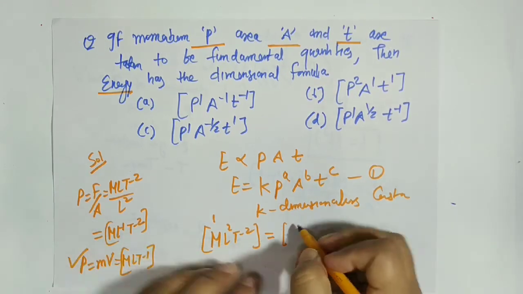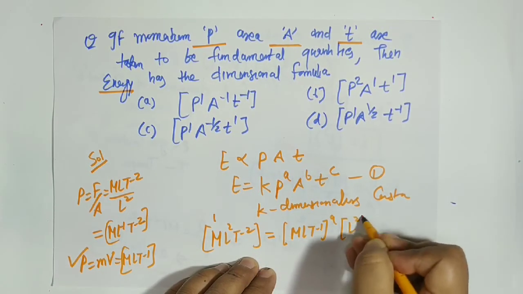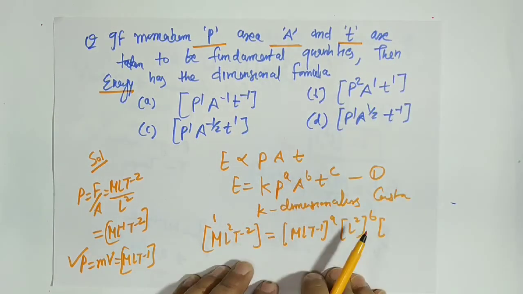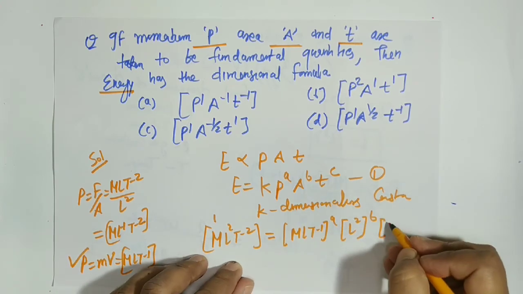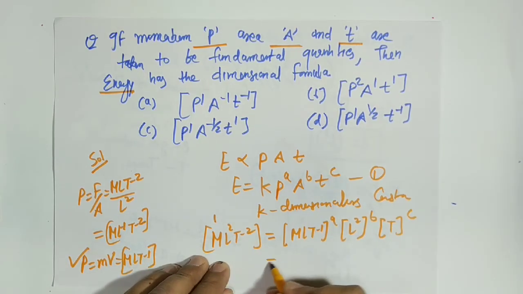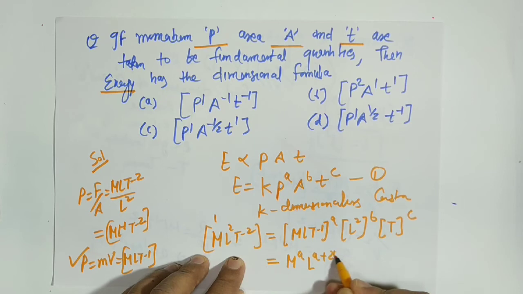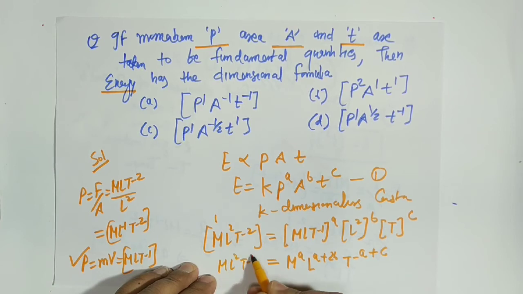So momentum is given as M L T^-1. What is area? L^2. And time is T. So organizing it, it will be M^a L^(a+2b) T^-(a+c), and that equals M L^2 T^-2.